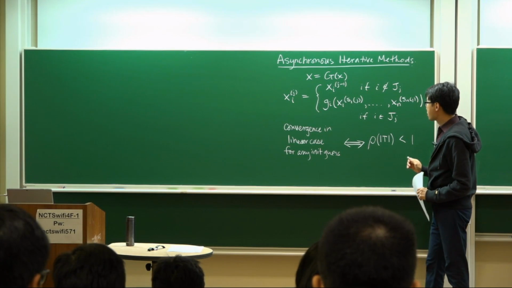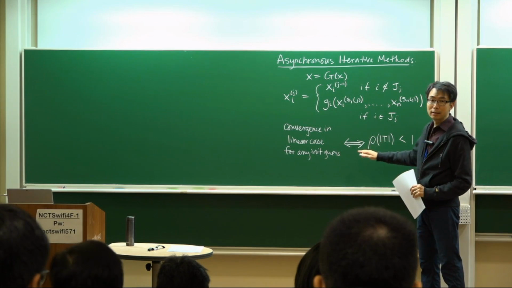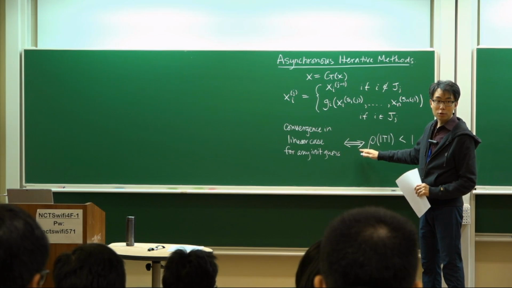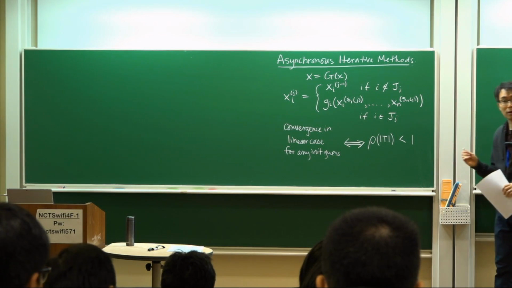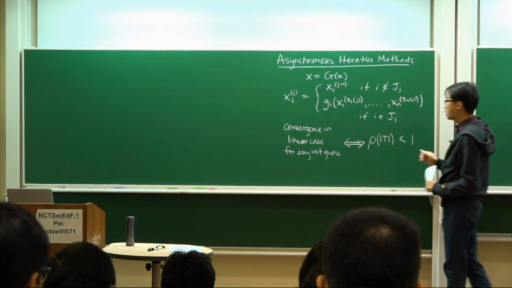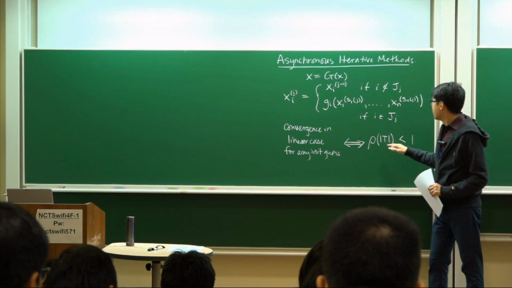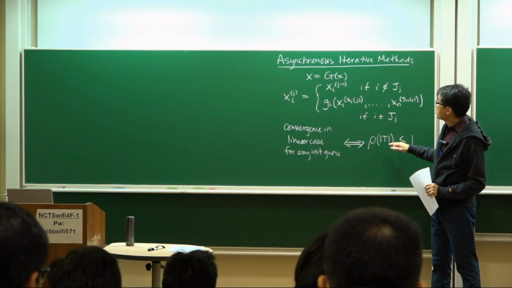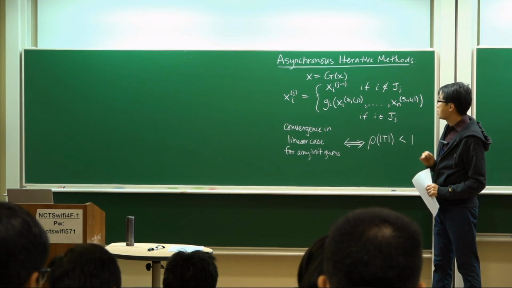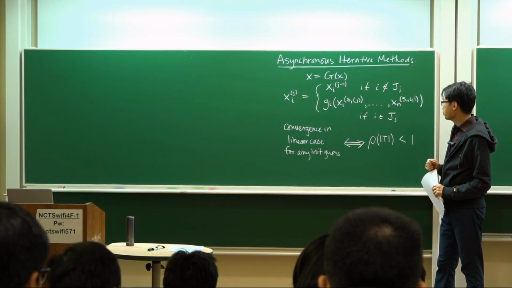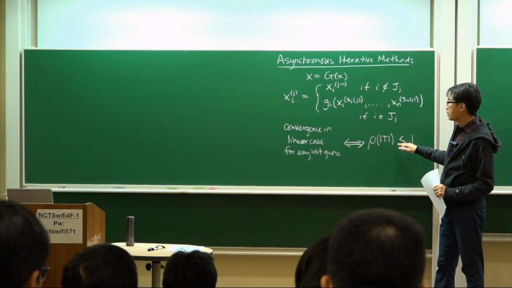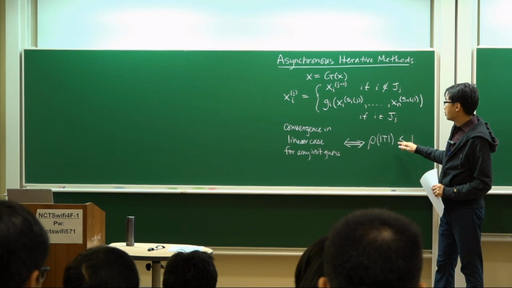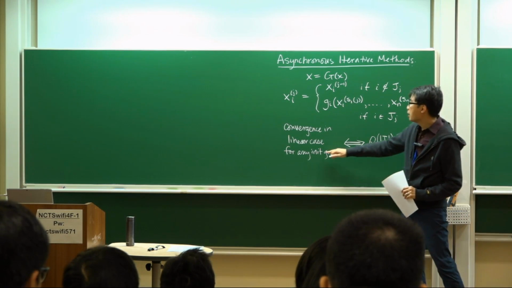Okay, so when we have synchronous iterations, we also have a convergence result that says if the spectral radius of the iteration matrix T is less than 1, then we have convergence for any initial guess. So we have this slightly more restrictive condition for the asynchronous case. And one thing I want to point out again is that this is for any initial guess.